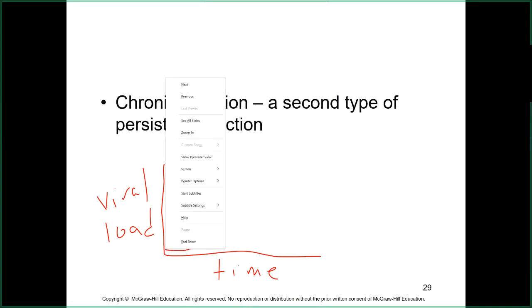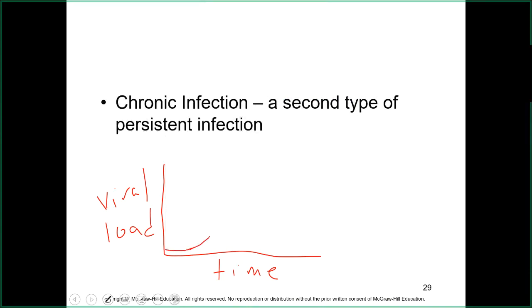Initially, you don't have much, but then their numbers build. And this is an exponential increase in the number of viral particles that you're carrying. See, it's got this little bit of a J shape to it. But at some point, it maxes out, and you've got a whole lot of virus. And it stays pretty much at that level. And it's at this point where you develop the full slate of symptoms that are typical of whatever viral infectious disease that you have.